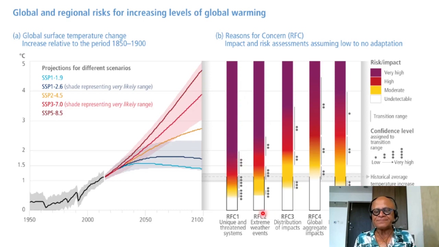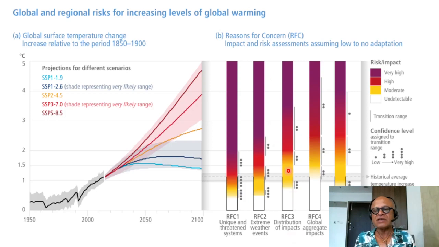For extreme weather events, the confidence level drops to the lower end by 2 degrees C warming, but obviously already we are seeing increased extreme events in terms of rainfall, floods, flash droughts, heat waves and so on and so forth.